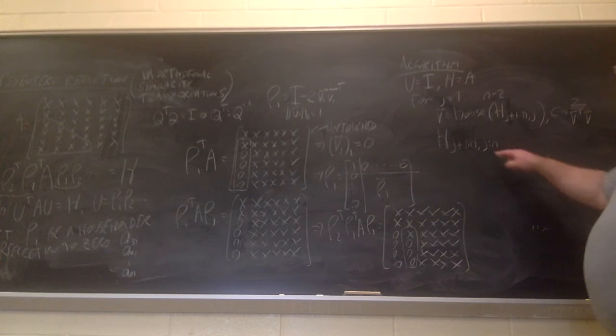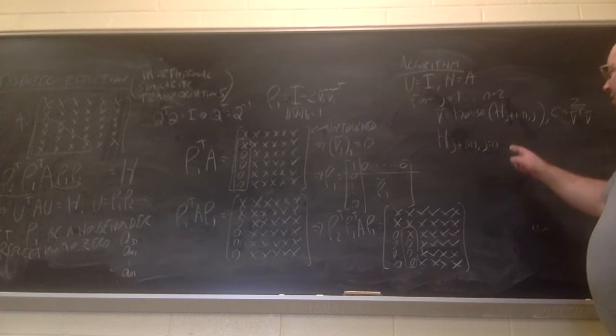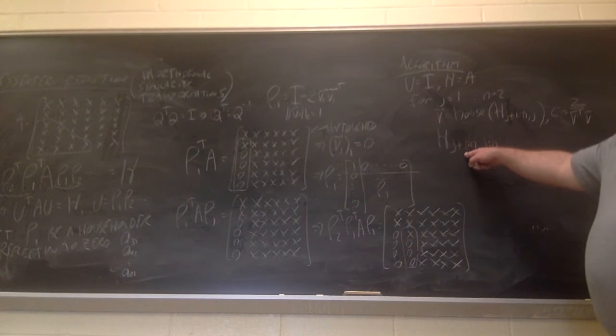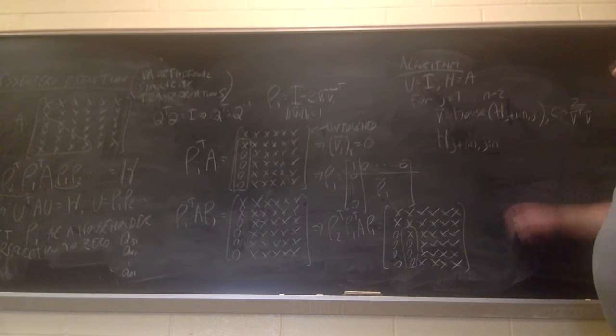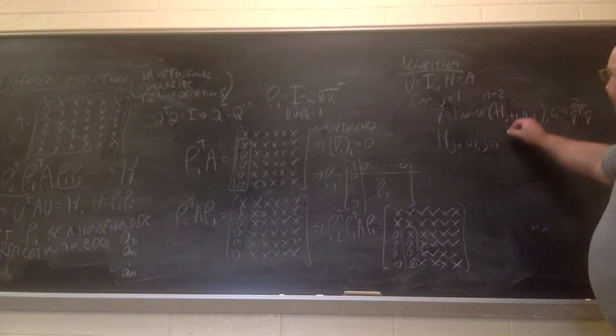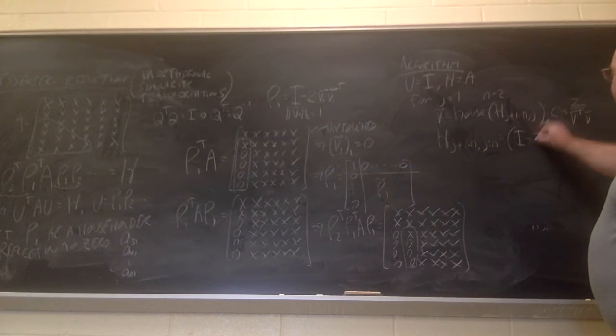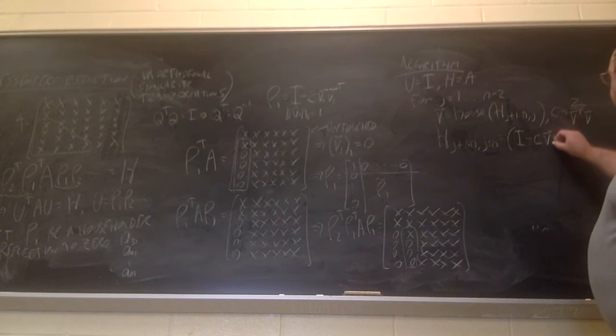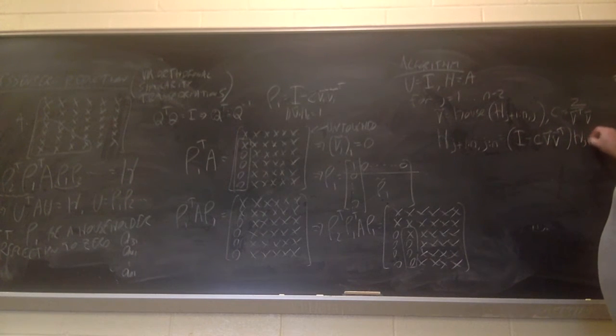So I start from column j to the end. So I'm only concerned about rows that are being affected and columns that actually have non-zero stuff in them. So I'll have identity minus C V V transpose times this same matrix.